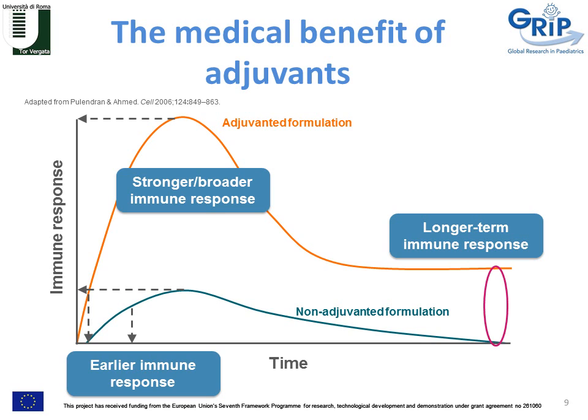So the immune response against the vaccine antigen is induced much faster and is much higher and persists for a much longer period of time compared to the non-adjuvanted formulation. And this explicit medical benefit or medical effect, together with an acceptable safety profile, has a strong impact on the regulatory decision whether or not an adjuvanted vaccine can be licensed.